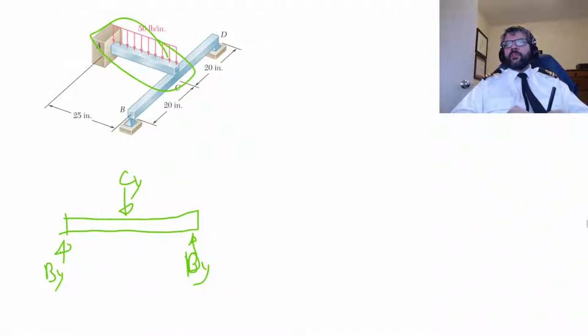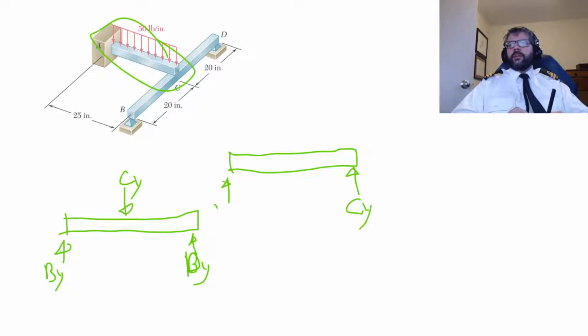And then if we just do a free body diagram of BC, CY is pushing up on that beam. And we're going to get an AY as well. And we're going to get some sort of moment at A. And then, of course, our distributed load.